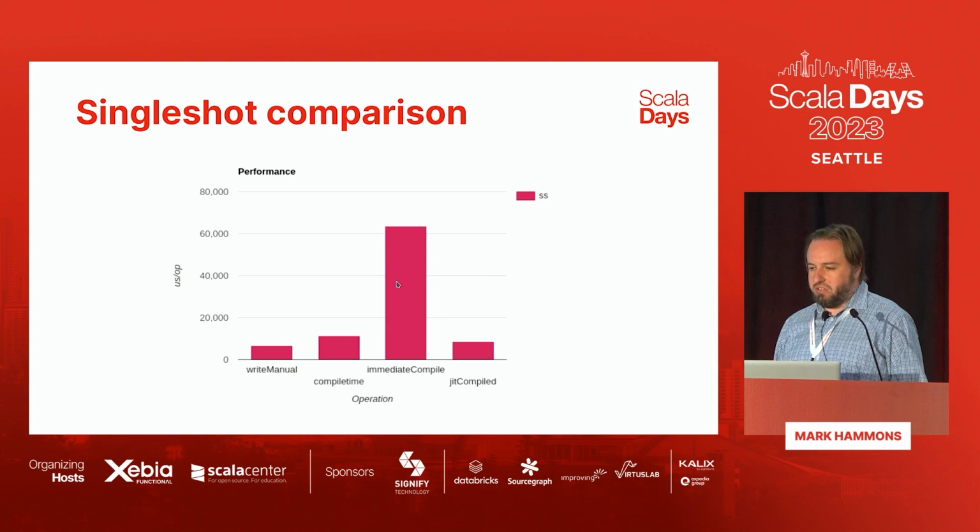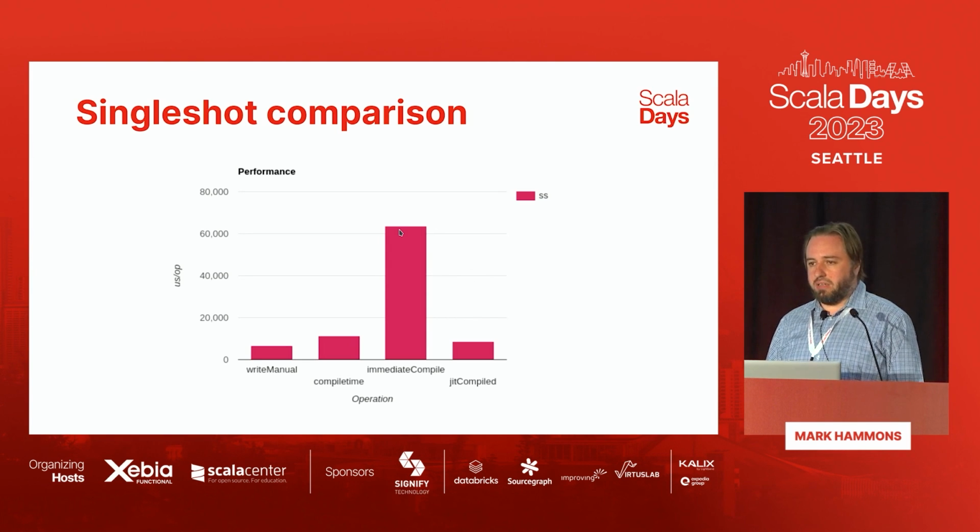While if I immediately compile everything for one invocation, this ends up being like 70,000 microseconds. It's much slower because the Scala compiler itself is fairly slow. So the reason why I took the JIT compilation approach is because we want to not have a startup overhead when you're running. We want to only compile the things that you're actually using super frequently.